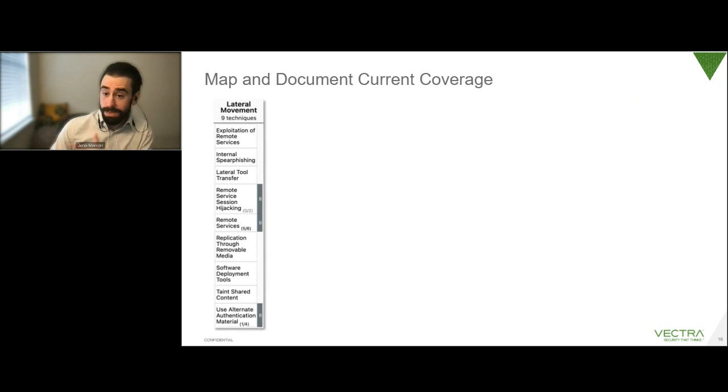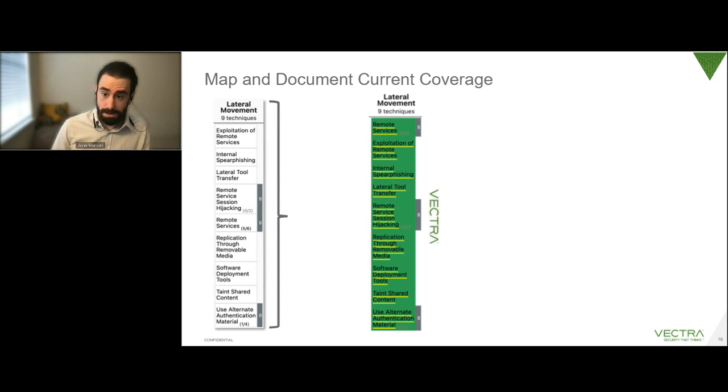With that, we start to bleed into another use case: mapping and documenting coverage. With that tool of being able to highlight, talk about it and see it, you can talk about where you are today. Organizations can track with their vendors, understand what capabilities we already have as defenders, map those against this framework and keep that as a catalog, so we can see how we're getting better.